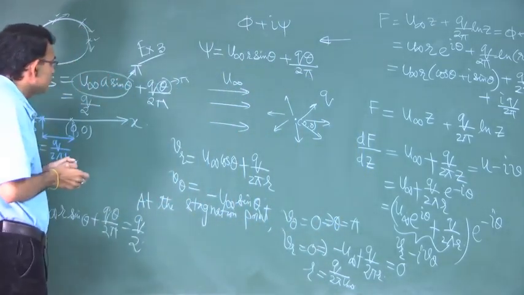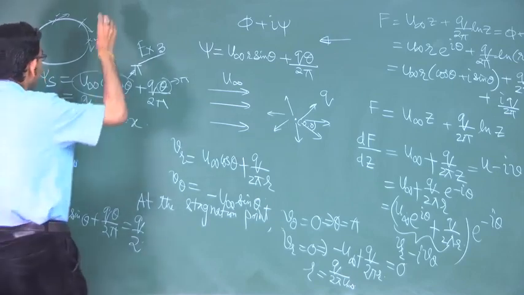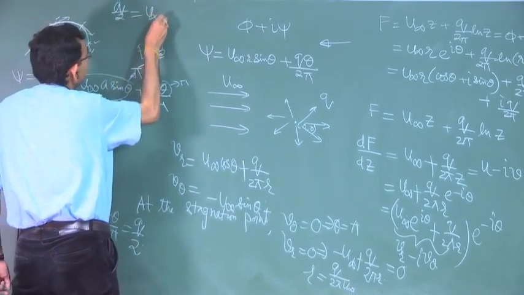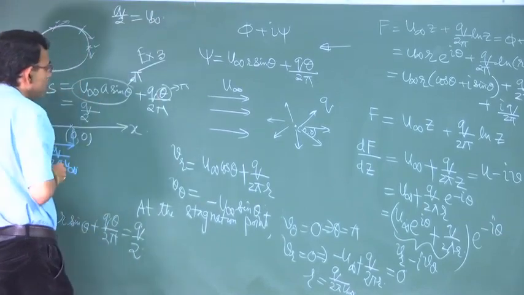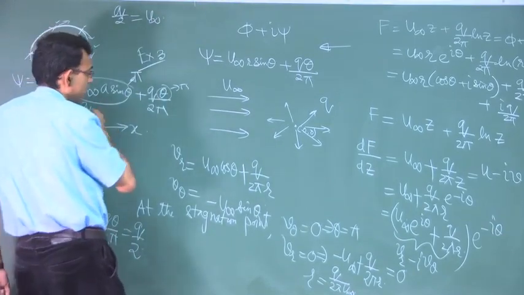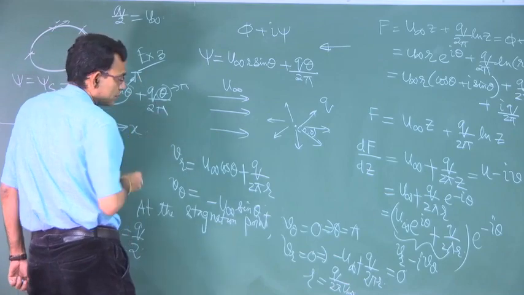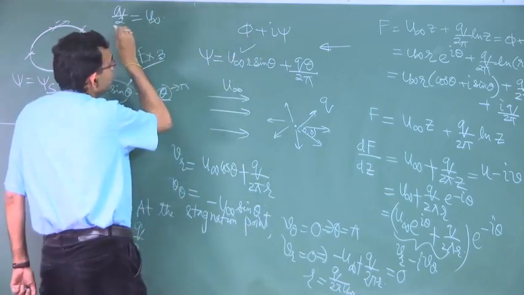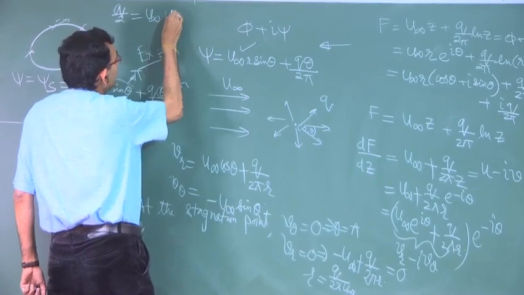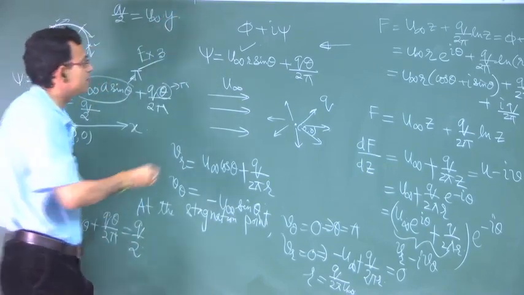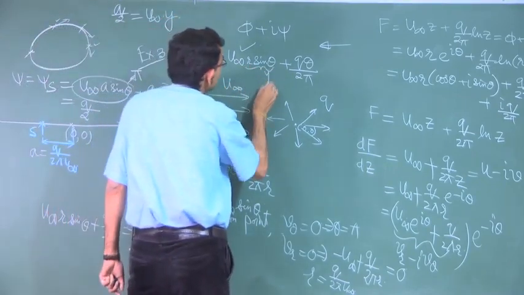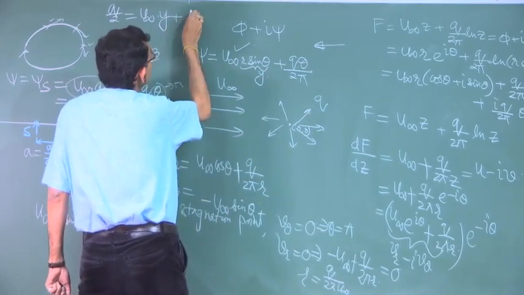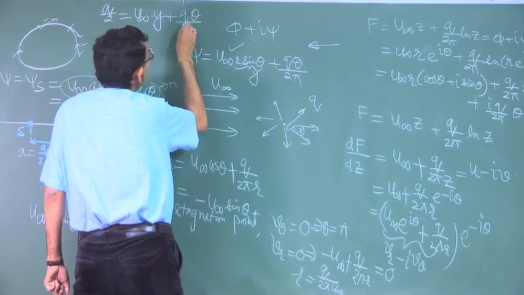So, now we have our equation: q by 2 is equal to u infinity r sin theta, where psi equal to psi s, and u infinity r sin theta is y, so straight away I am writing y, plus q theta by 2 pi.